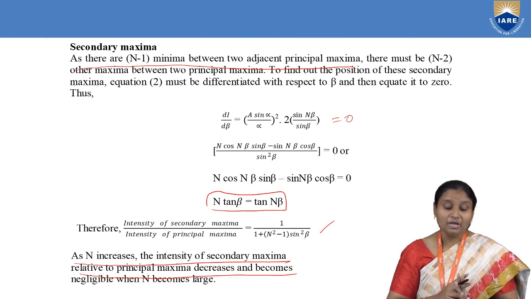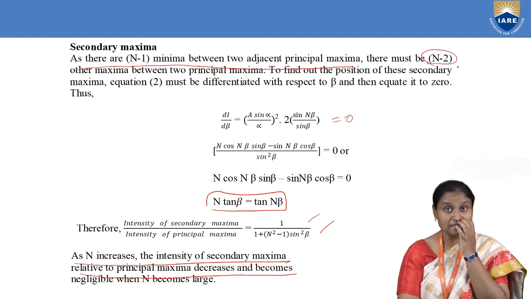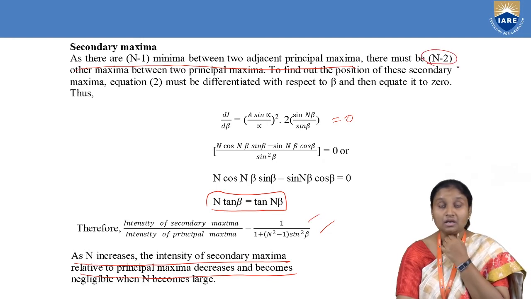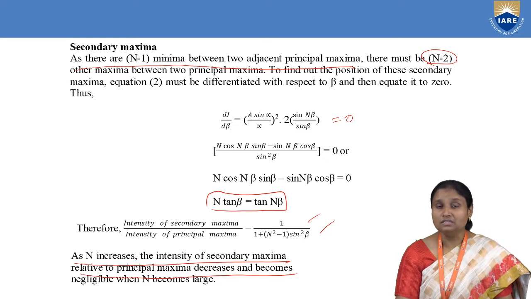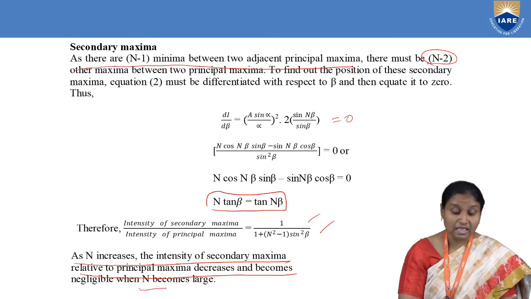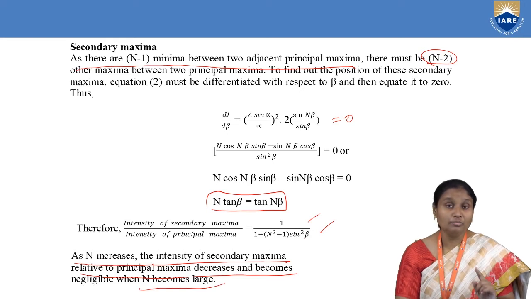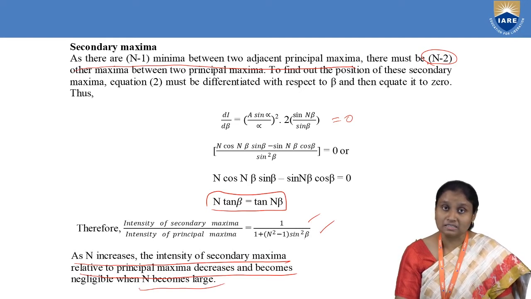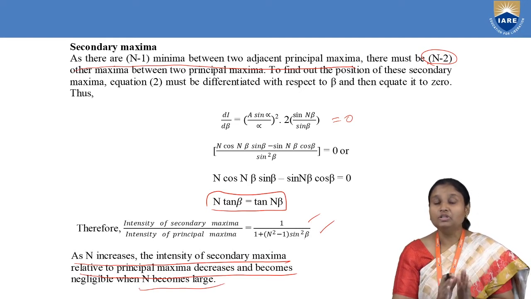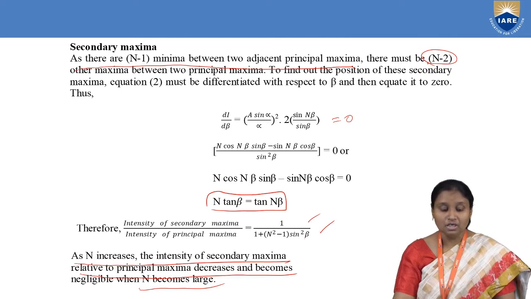And apart from those, from this condition you will have n minus 2 secondary maximas. But the intensity of secondary maxima will be very, very less compared to principal maximas. If n is very large, when the number of slits is very large, you will not be able to see secondary maximas. Whatever is visible on the screen is only principal maximas.